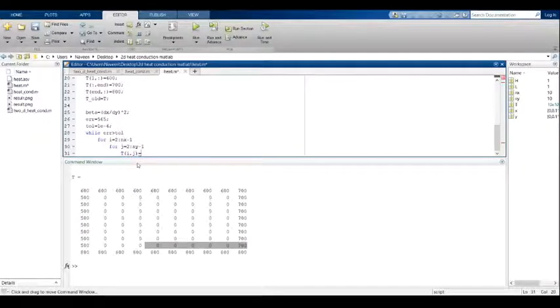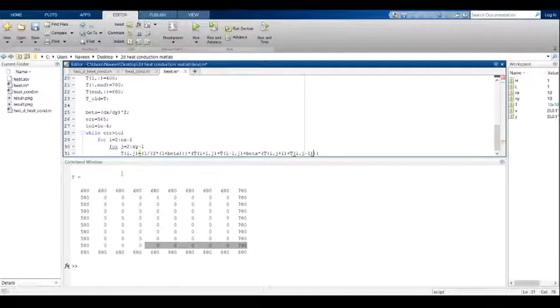T(i,j) is equal to 1 divided by 2 into 1 plus beta, and T of i plus 1 comma j plus T of i minus 1 comma j plus beta into T of i comma j plus 1 plus T of i comma j minus 1.